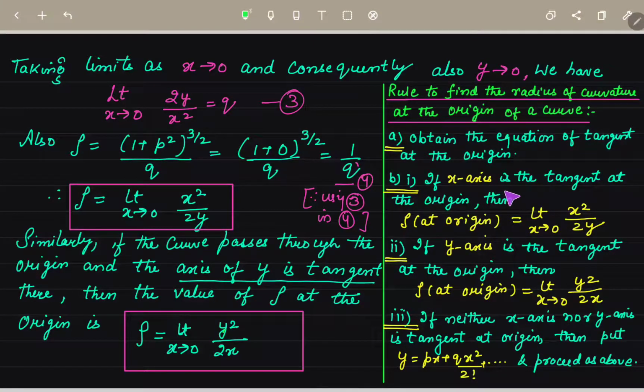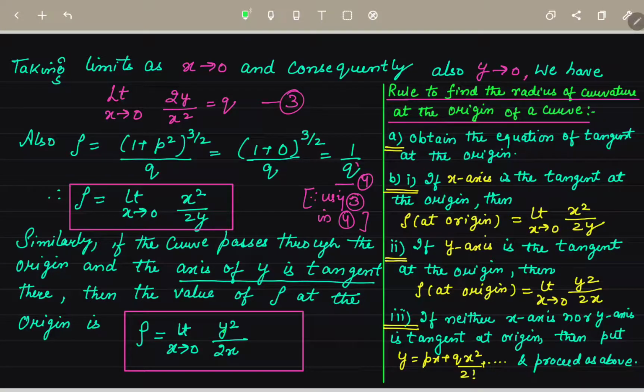If the x-axis is tangent at the origin, then the radius of curvature is given by this formula, rho equal to limit x approaches 0 of x square by 2y. Similarly, if the y-axis is tangent, then we use this formula. Instead of x square we replace it by y square, and y is replaced by x.